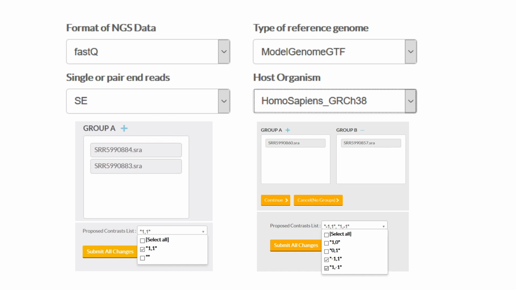In contrast, when differential methylation of two samples is required, the samples need to be uploaded into separate groups, and contrasts must be set to -1, 1, 1, -1. The contrasts ensure that both hypermethylated regions and hypomethylated regions are found.